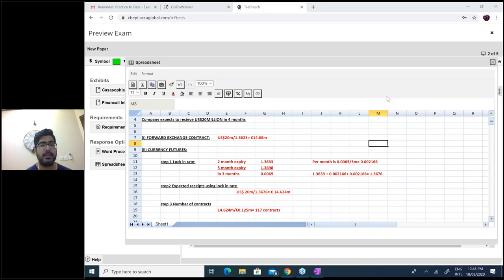It carries marks. Yes, it's 14.724 million. 14.624 million, sorry.